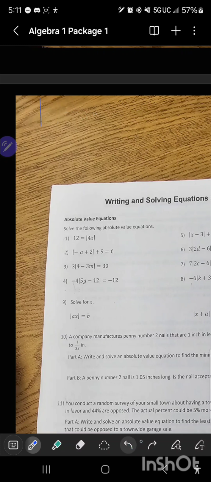It transforms all numbers to positive. For example, the absolute value of -1 is 1, and the absolute value of -15 is 15, but the absolute value of +15 is also 15. So the result is always going to be positive.